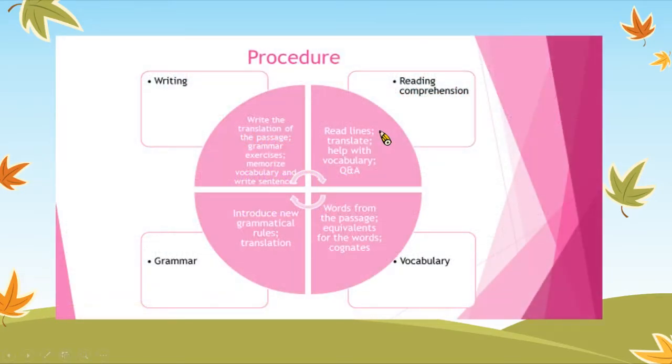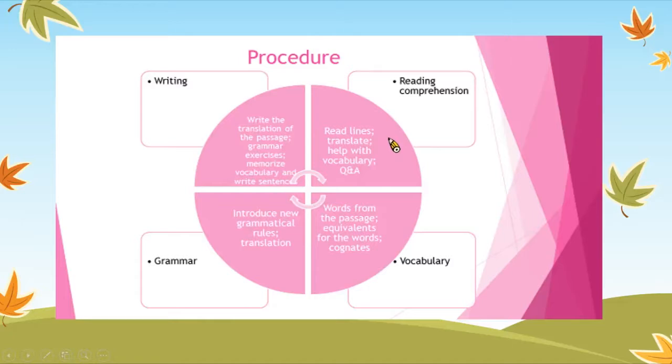So let's take a look at the procedure of grammar translation method when teachers use it in their classrooms. First, they will start with reading comprehension. So students will be required to read lines, and they will be required to translate sentences. And basically, the teacher will help students with the vocabulary that students don't know. And also the teacher will have questions and answers with students to help students understand the meaning of each sentence. Then the words selected from the passage and equivalents of the new words are also listed on the bilingual word list.